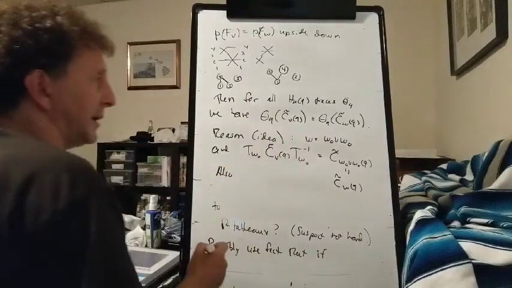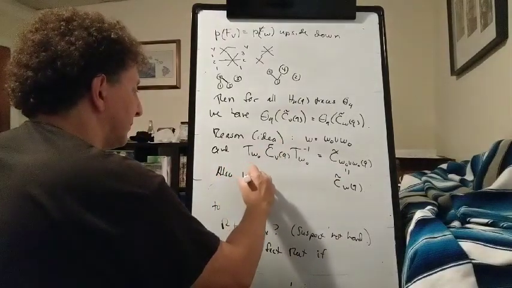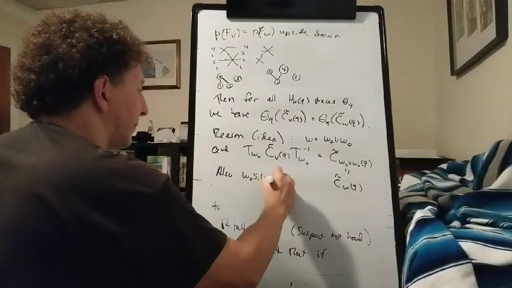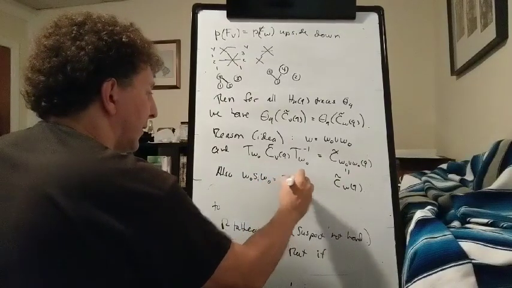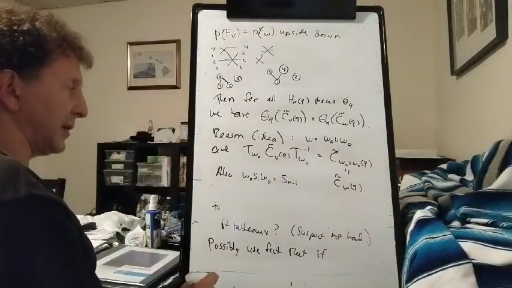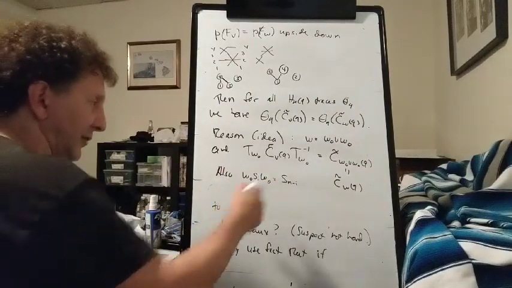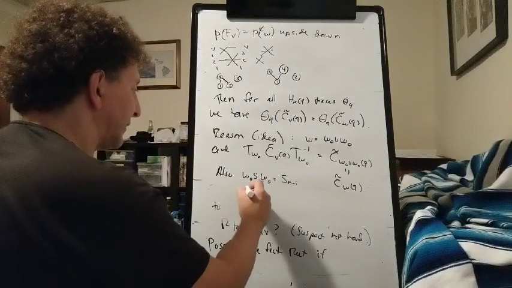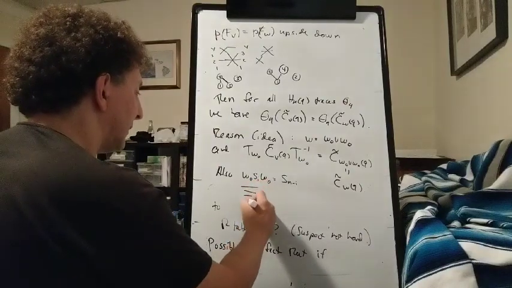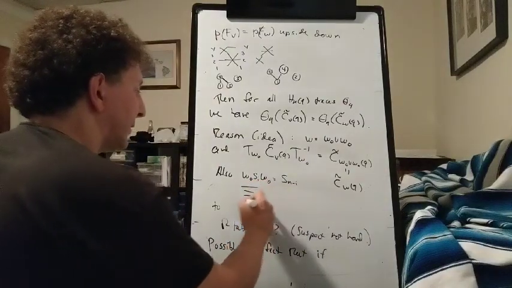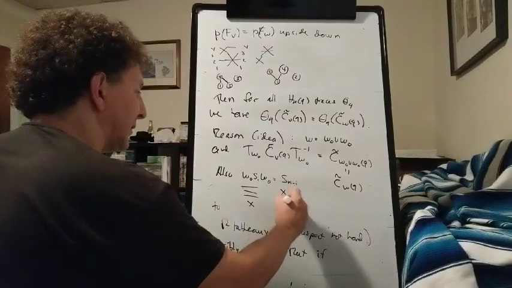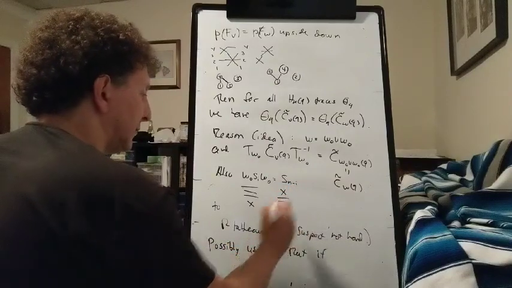Now, conjugating by W naught has the effect of switching generators, so the first generator goes to the last one, the second generator goes to the second to last one, which is like saying that the wiring diagram gets flipped upside down.